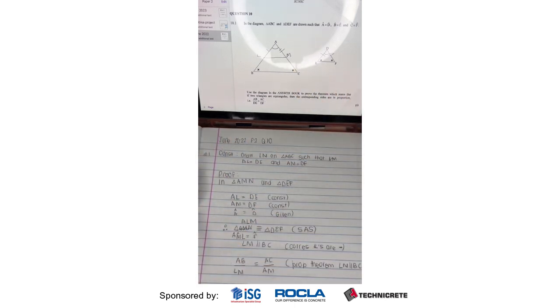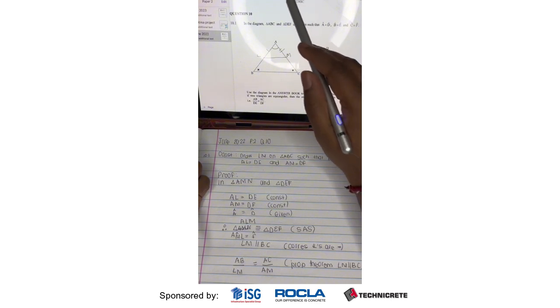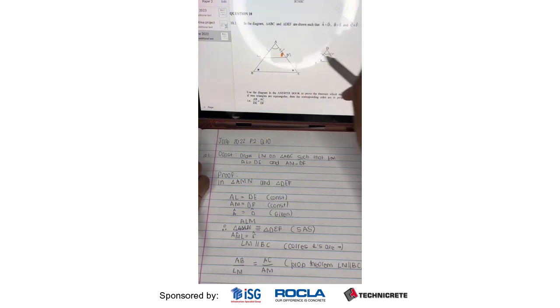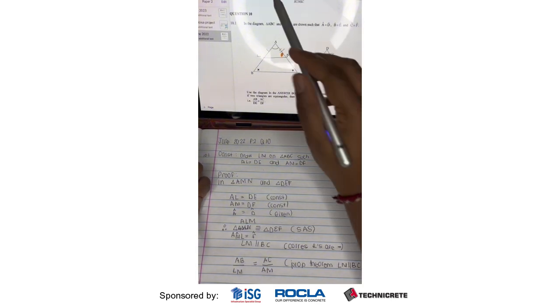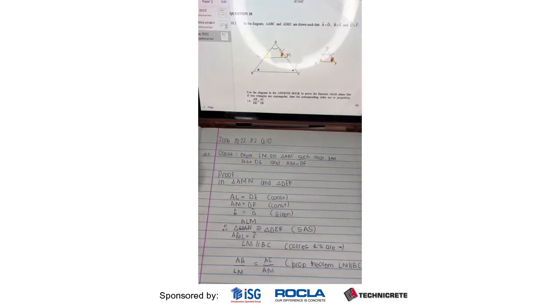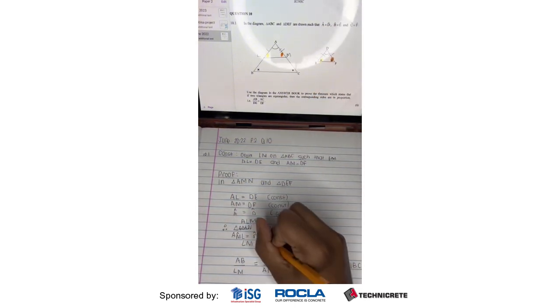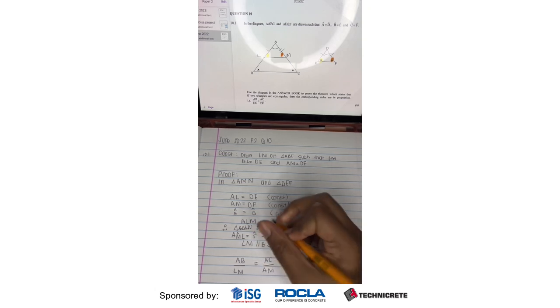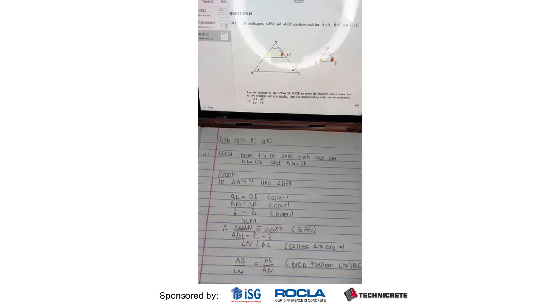Okay, so I said this angle is equal to this angle, and this angle is equal to this angle because we proved congruency. But F is also equal to C, therefore C and M are also equal. So it's also equal to angle C. Therefore, we can say that LM is parallel to BC because the corresponding angles are equal. And if those are corresponding, that means these lines are parallel.